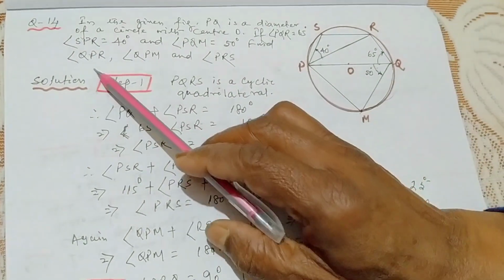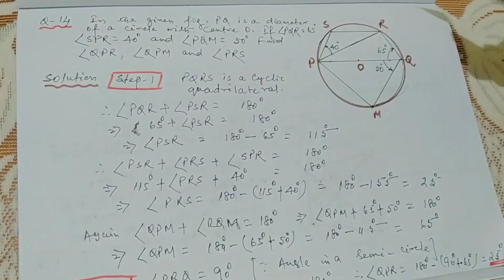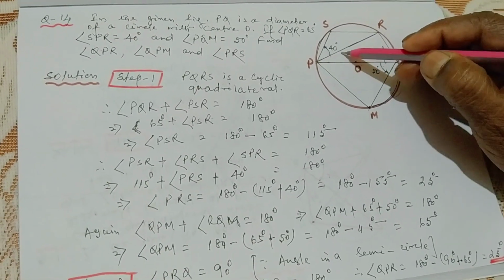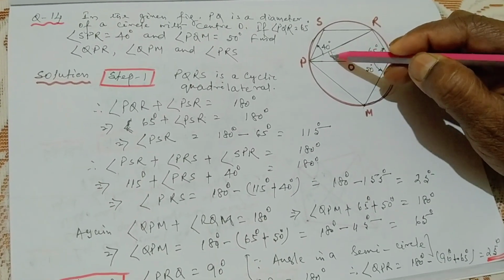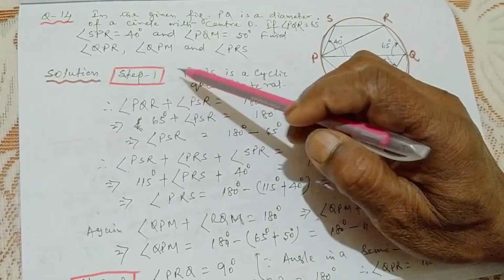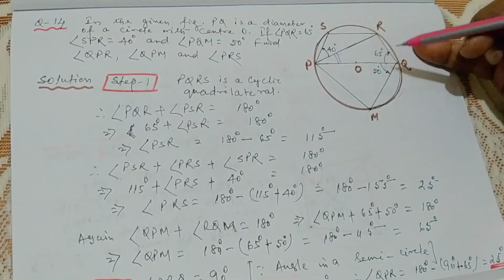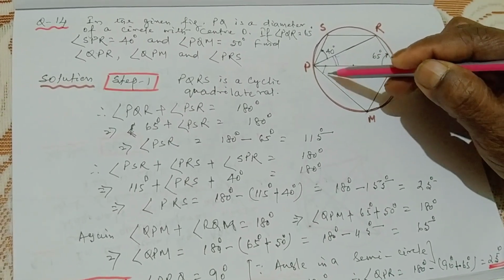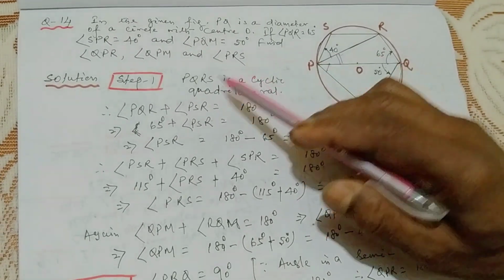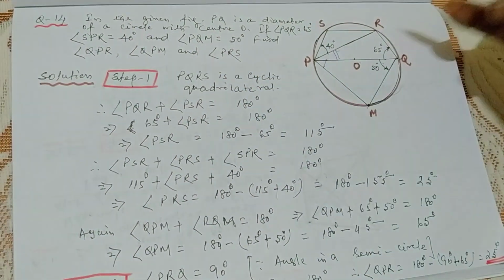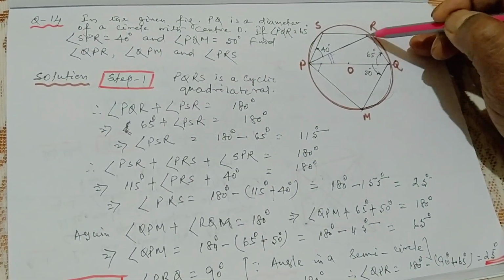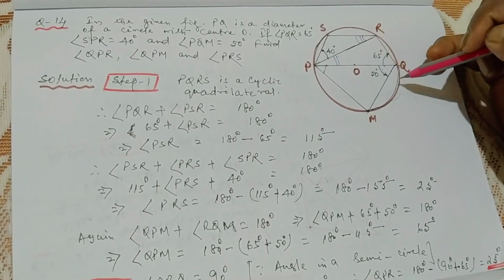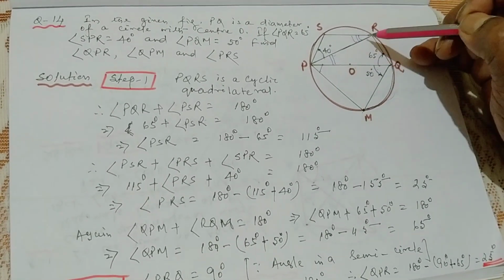Find angle QPR, this angle we have to calculate. Angle QPM, this angle we have to calculate, and angle PRS, this angle we have to calculate. The values of these three angles you have to calculate.